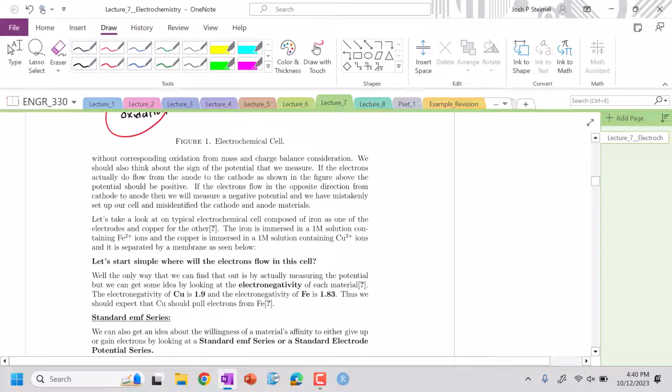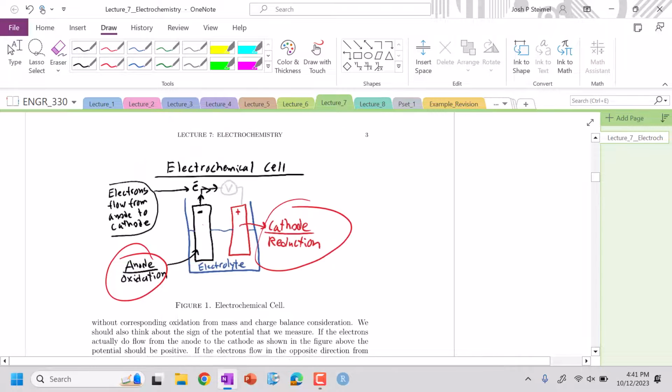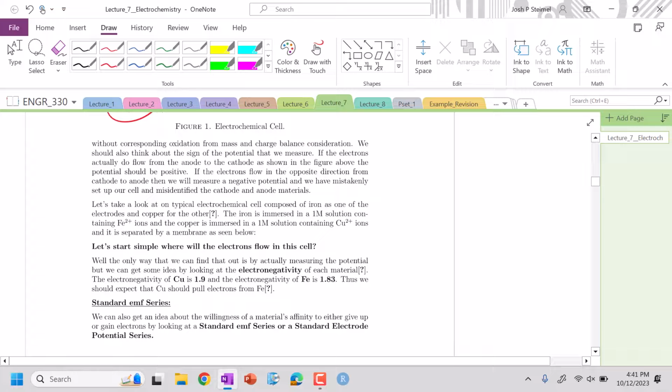So if we're in standard conditions, whatever these two materials may be, they are connected electrically via some type of wire and through a medium that can conduct electrons, so our electrolyte. At standard conditions, they're going to be immersed in a 1 molar solution containing their own ions.